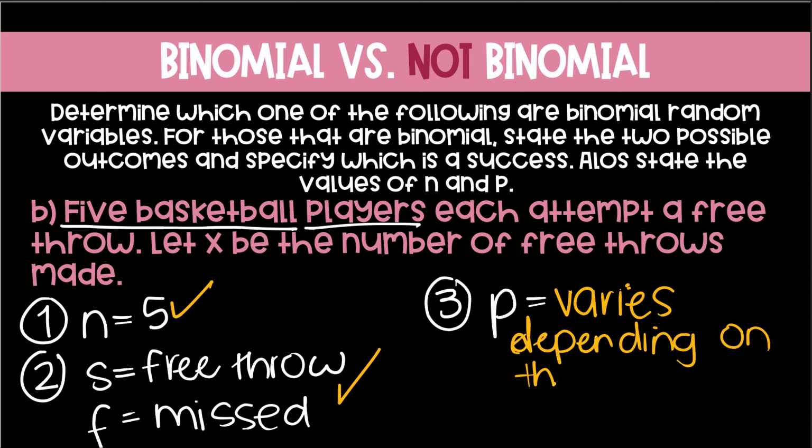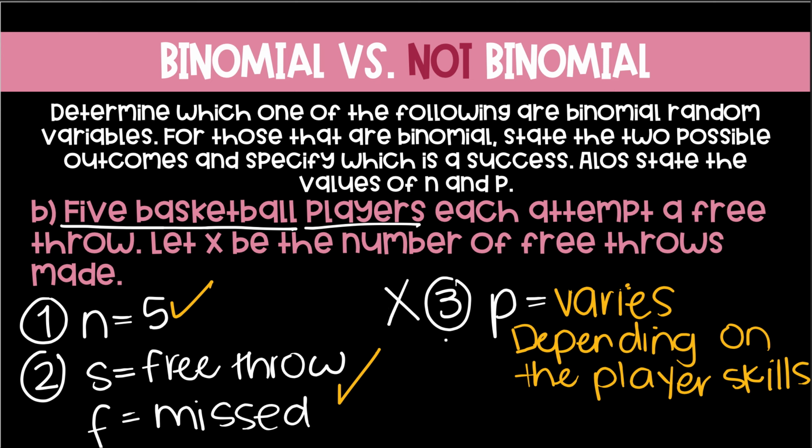Again, this is a matter of interpretation. So this one, I'm going to put that it's not met. But if we were given more information, we could say that it would be met.